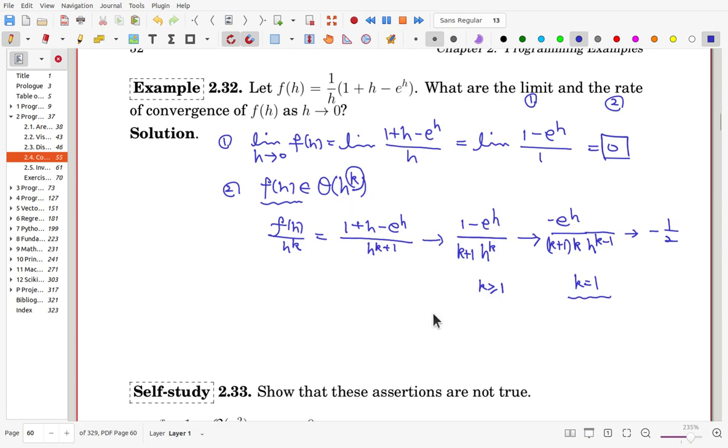It's a little bit complicated, but you can understand this one later on after learning calculus, okay?